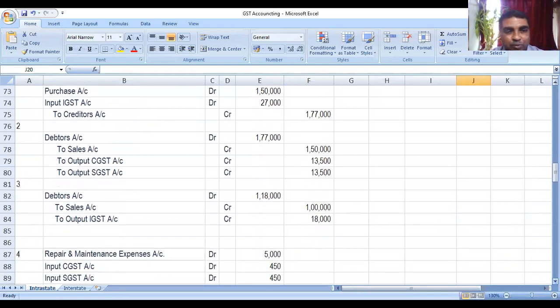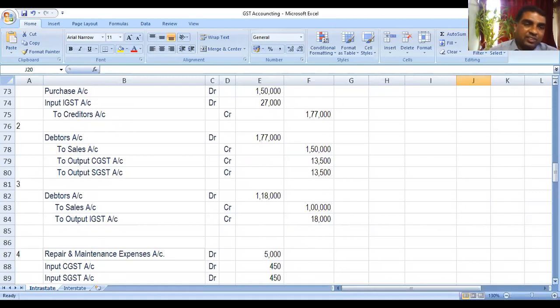Then one more sale is there, which is an interstate sale. In an interstate sale, what kind of liability will we get? CGST liability, SGST liability, or IGST liability?